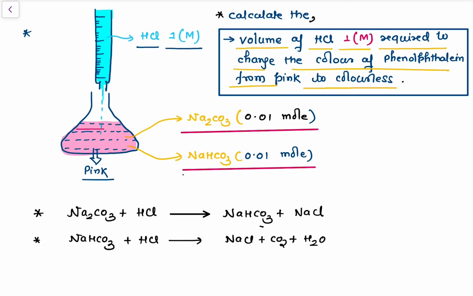Now you have to remember one fact. When reaction 1 gets completed, then phenolphthalein will change its color, and when reaction 2 gets completed, then methyl orange will change its color. The pH when reaction 1 is completed is very suitable to change the color of the phenolphthalein, and when reaction 2 is completed, the pH of the solution is such that methyl orange will change its color.